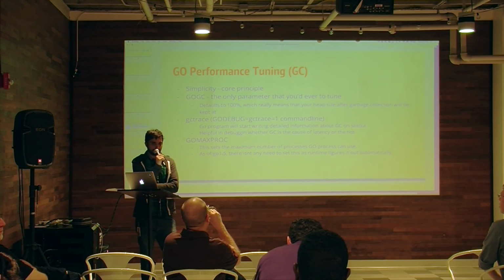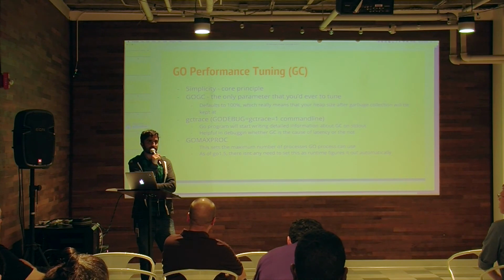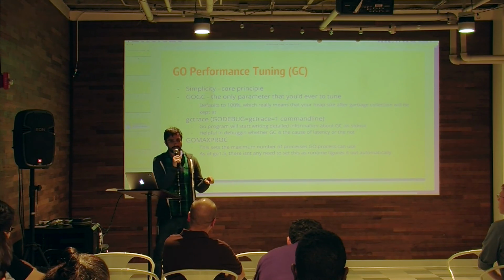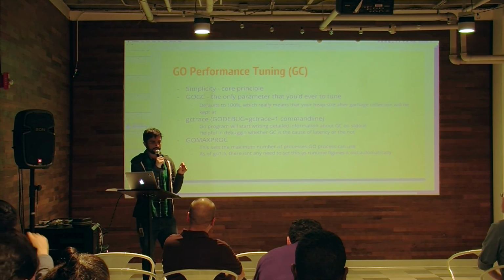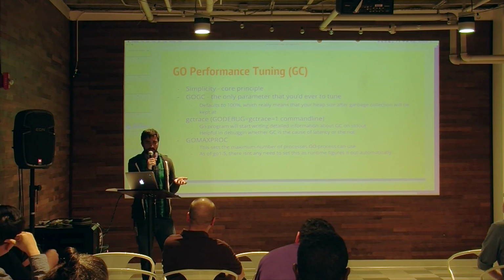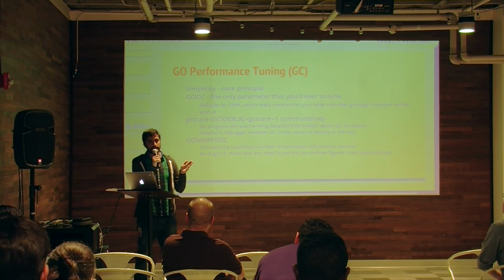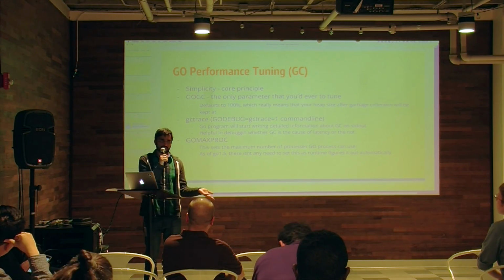So we found that we do have issues in the tail latencies, and it is hard to debug. It is hard to point to what is causing that latency issue. Unless you have the GC trace enabled, I don't think we can say for sure that a request took more time because of GC.